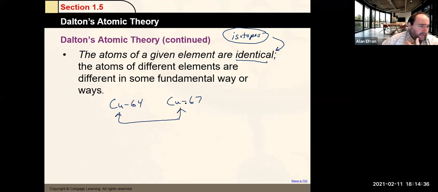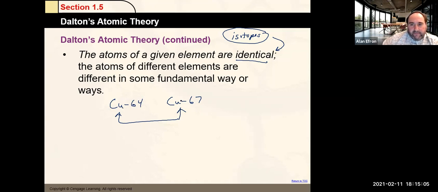They're both carbon, but they have different numbers of neutrons. That means they're not perfectly identical to each other. Obviously the other part is okay: different elements do have atoms that are different from each other.